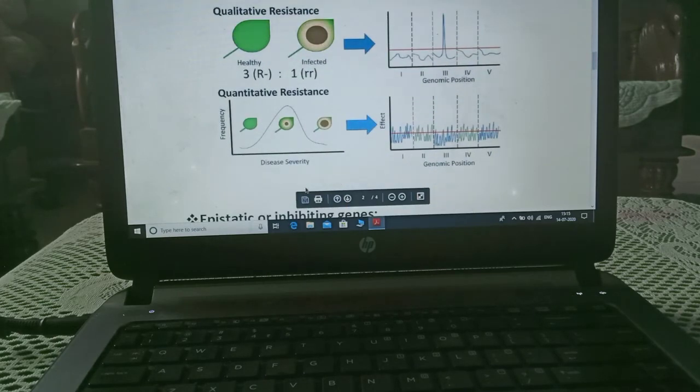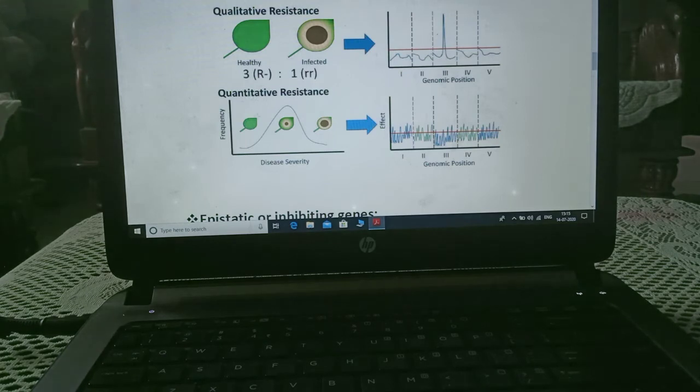Now we will compare qualitative and quantitative. In qualitative, you can see healthy plants, 3 healthy plants and 1 infected plant, and here the genomic position will be in this manner, as you can see.